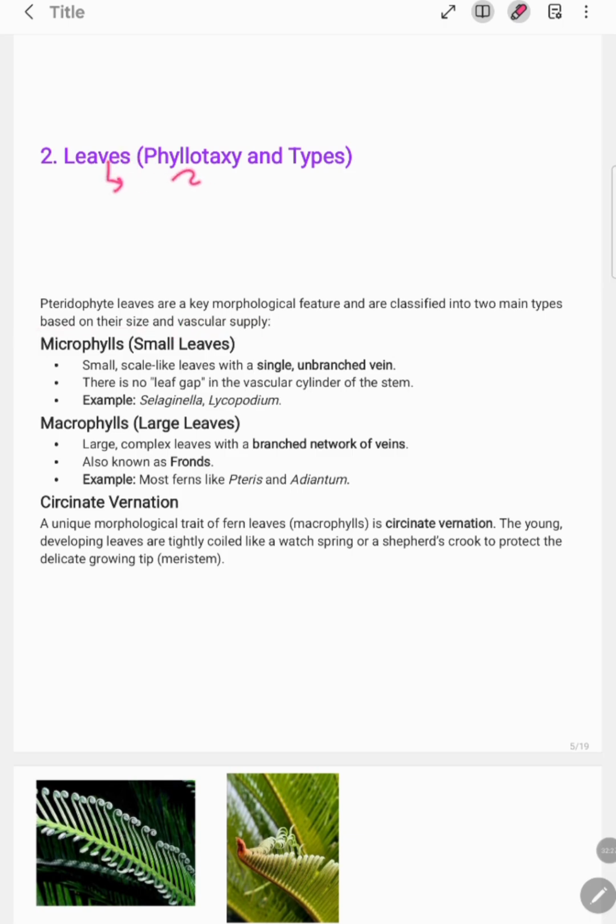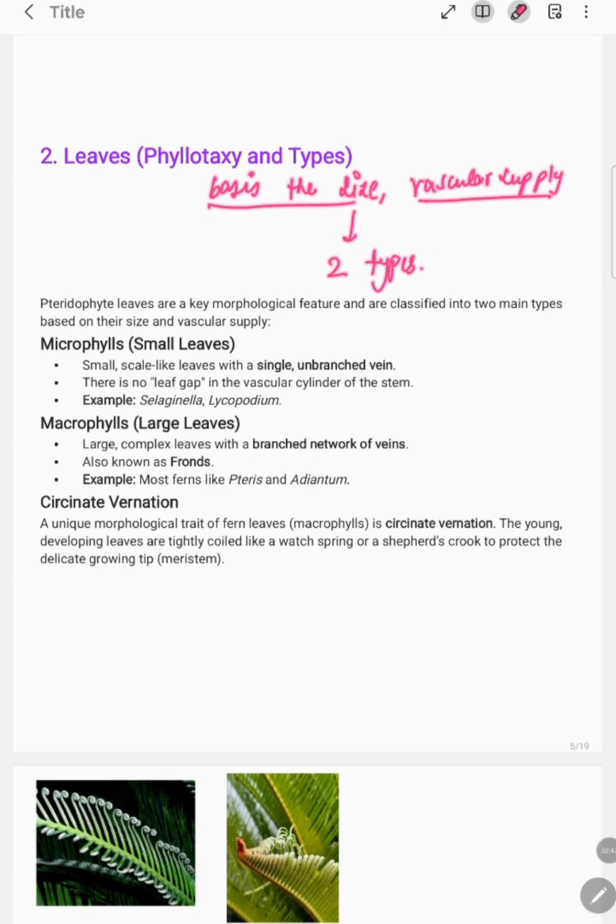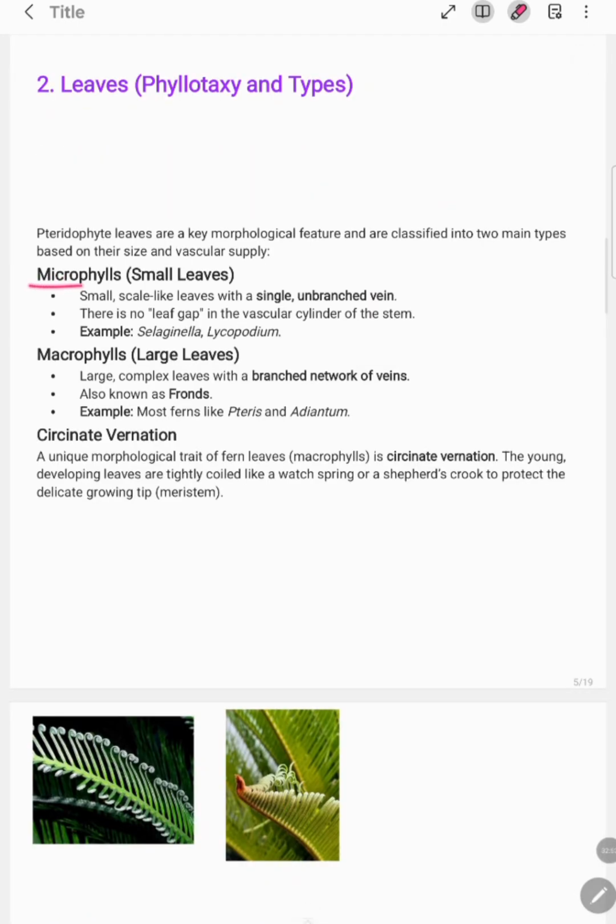See, in pteridophytes, the leaves are classified into two, and the basis of classification is the size and the vascular supply. On the basis of these two features, the leaves are classified into two types. And what are these types? These are your microphylls and macrophylls.